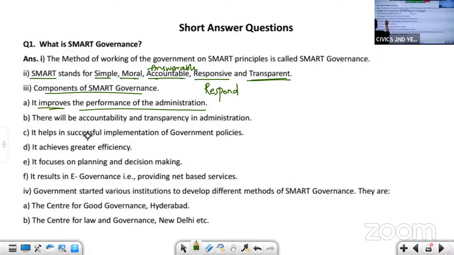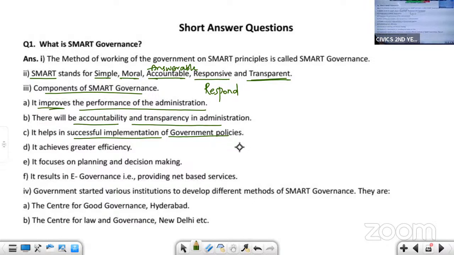There will be accountability and transparency in administration. They are answerable to the people for whatever they are doing, and everything is in front of the people. It is transparent. Then it helps in successful implementation of government policies.